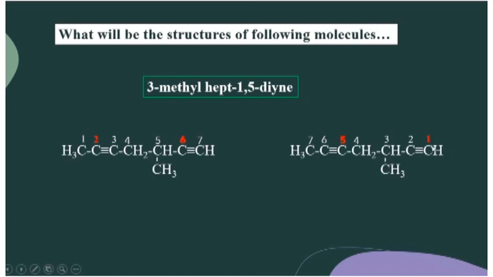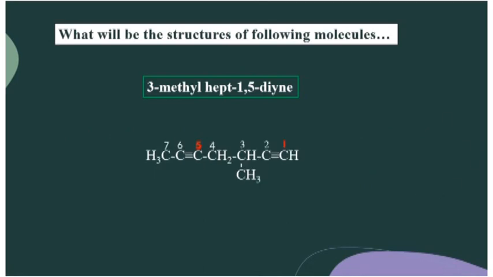Okay. So it is a terminal alkene because the position of this is at the first position. So this is the correct one. Next, so this is the name. This is the correct structure.